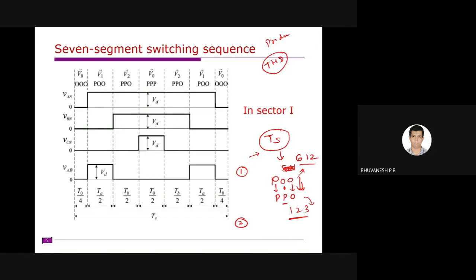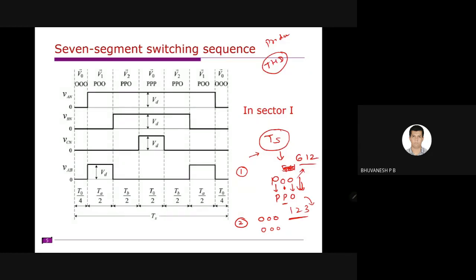And the second constraint is when it is changing from one sector to another sector, right? That means the first 60 degrees is over and it is moving to the second 60 degrees, that is 60 to 120 degrees, sector 2. When it is moving from sector 1 to sector 2, there must be no change in the switching state. That means 0 0 0 is the end of sector 1, and sector 2 must start with 0 0 0.